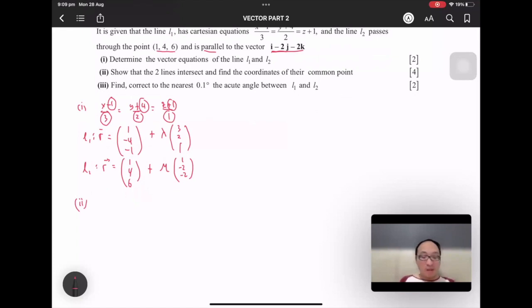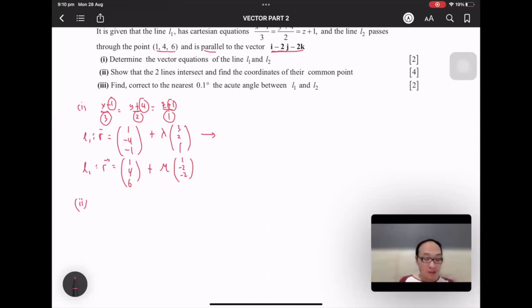Show that the two lines intersect and find the coordinates of their common point. So from these two equations, we have to construct the coordinates of the intersection point.